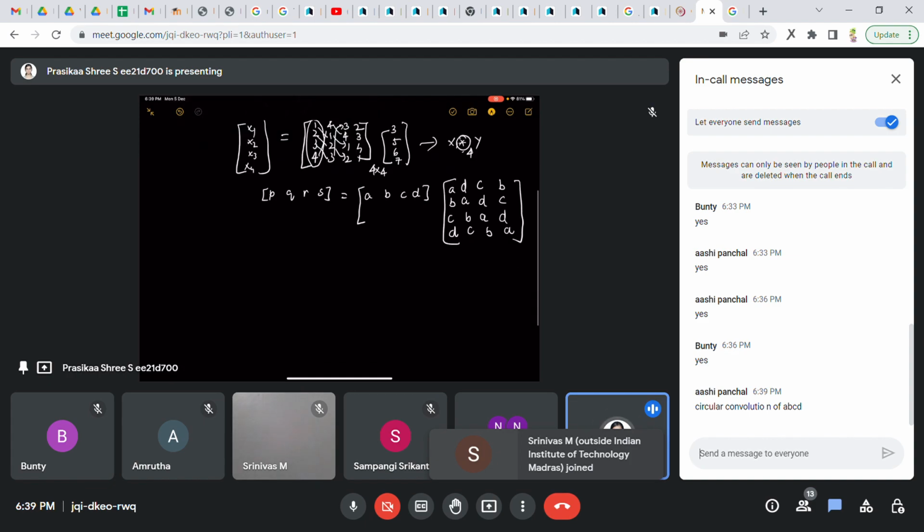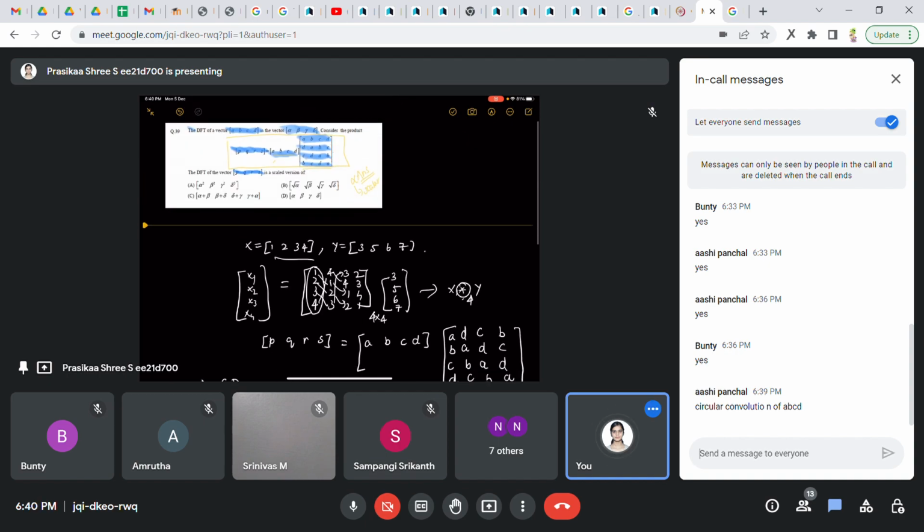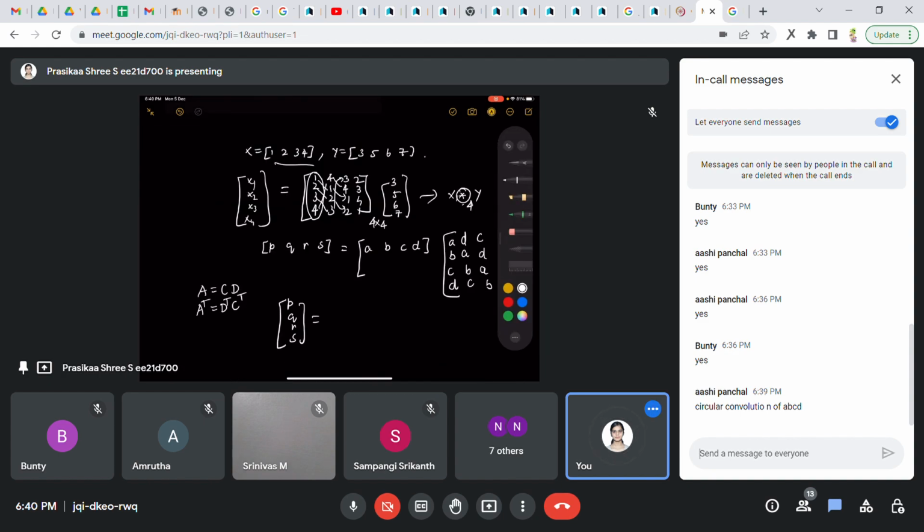Now, take transpose on both sides. If you take the transpose, the row vector becomes the column vector. Sorry, I wrote the matrix wrongly.